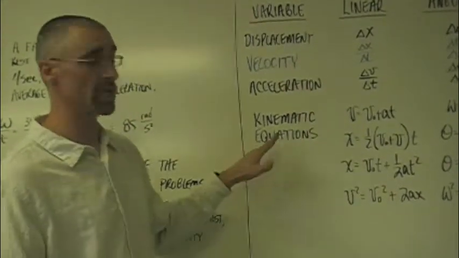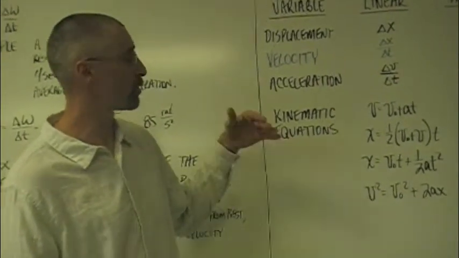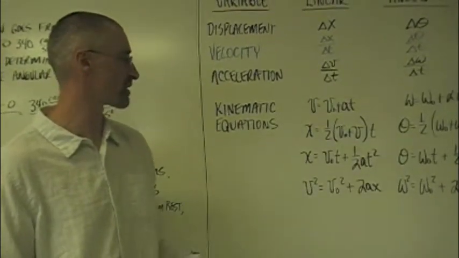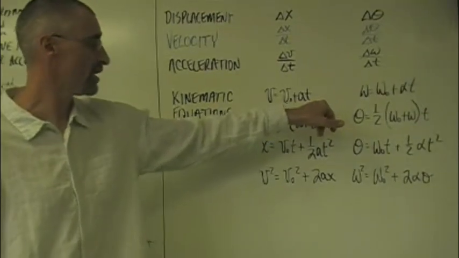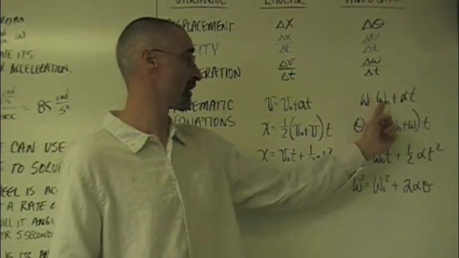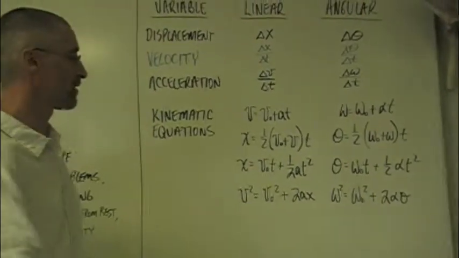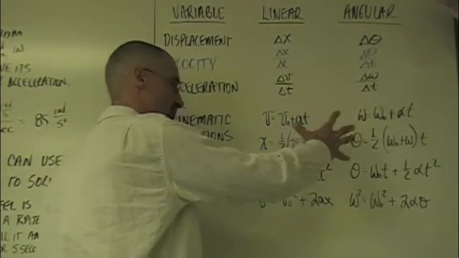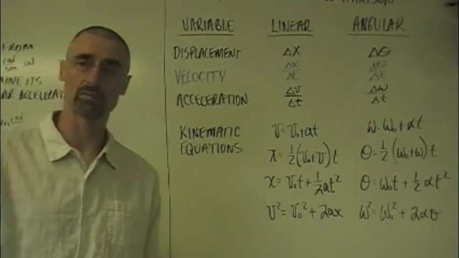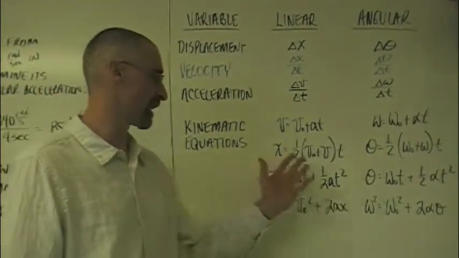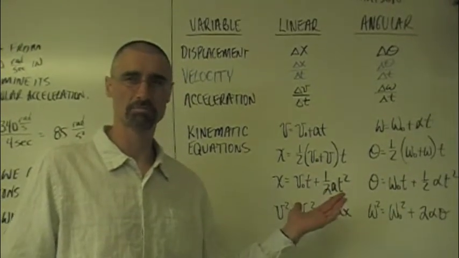Then if we come down to the kinematic equations, we can apply those in the same way. And you've seen these 100,000 times. So v equals v naught plus at. You can see that it's going to be omega equals omega naught plus alpha t. So we can use the kinematic equations in a circular, spinning, rotational context, and I think you'll see how the variables correlate. Pretty simple.